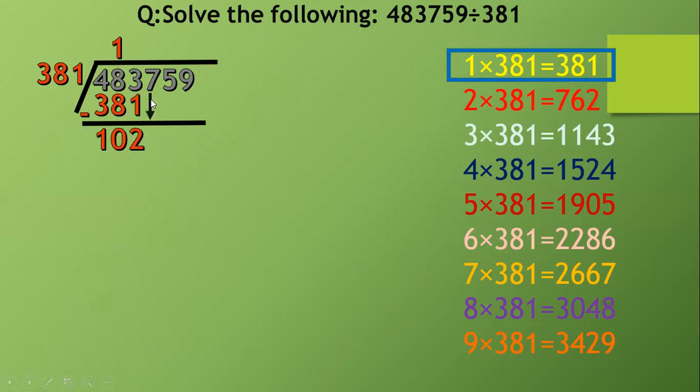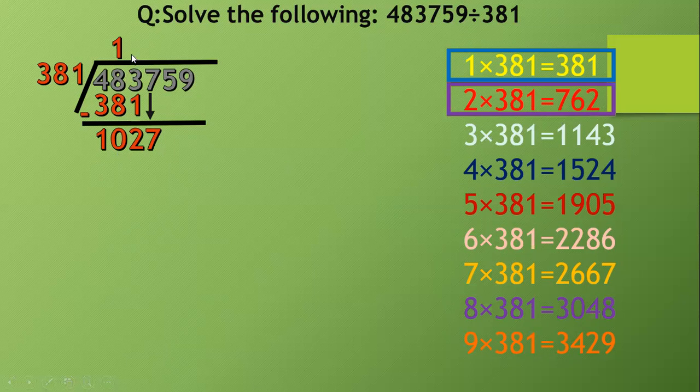Now bring down the next digit, that is 7. Now our number is 1027 which is greater than 381. So find the product of 381 which is equal or smaller and nearest to 1027, that is 2 multiplied by 381 is equal to 762, which is nearest to 1027.